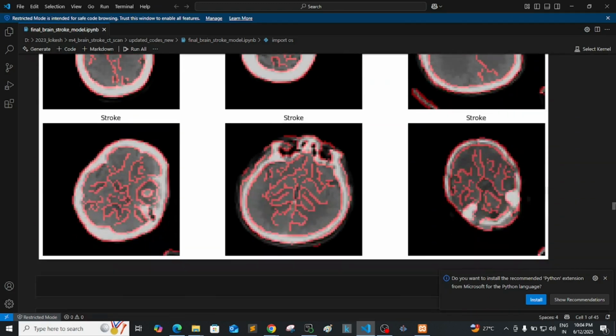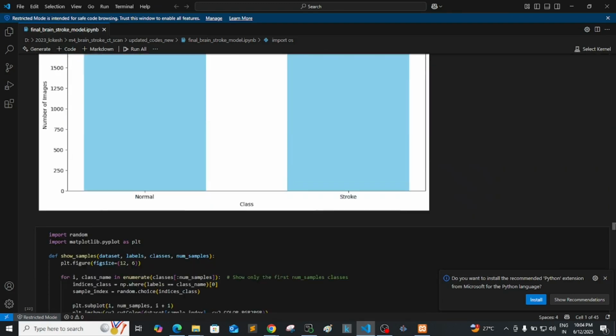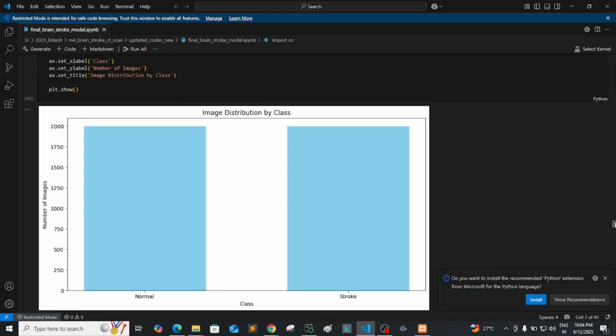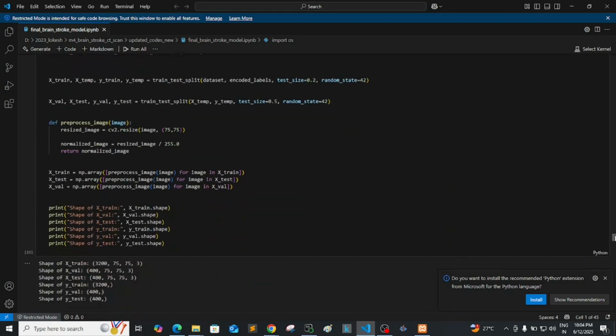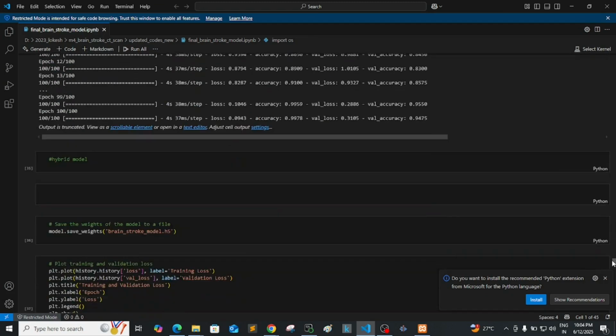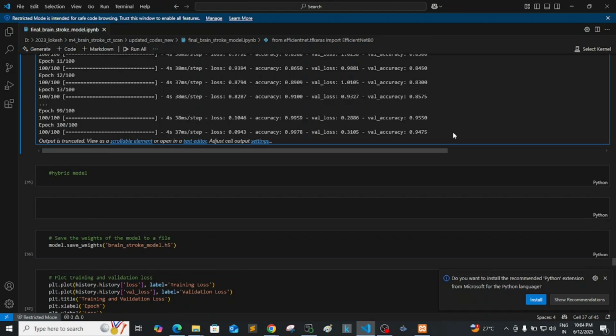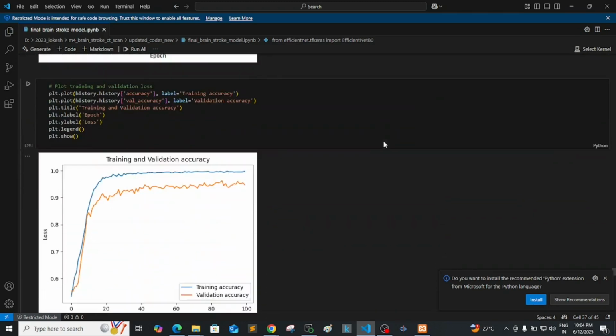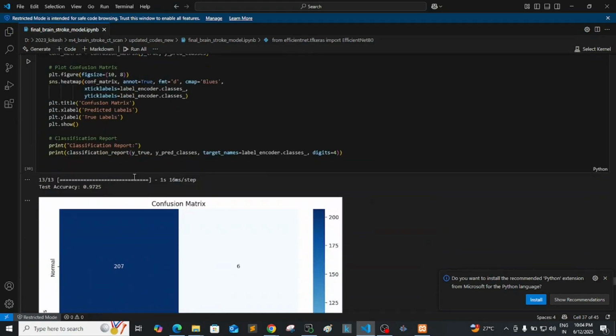You see how we did pre-processing, and then we balanced the classes equally, and then we built the models. When you see the models, training is 99.78, which is more than 90. Validation accuracy is fluctuating, but we are getting around 95.50, and when you see testing accuracy, it is crossing 97.25, which is far better than those two papers which we referred.